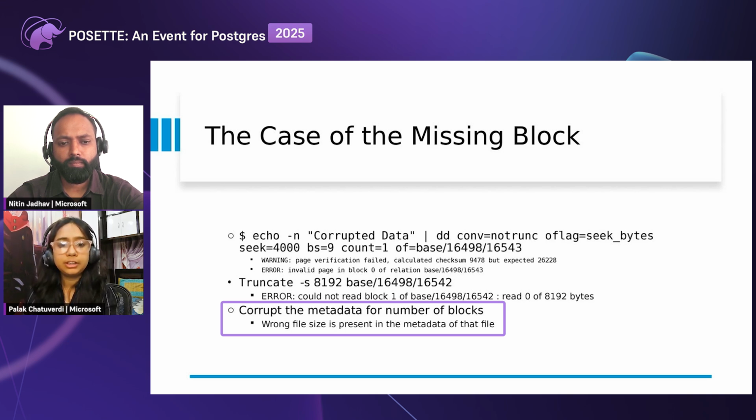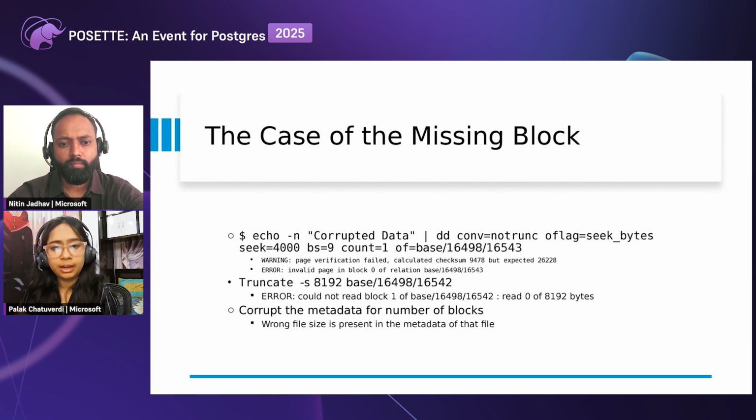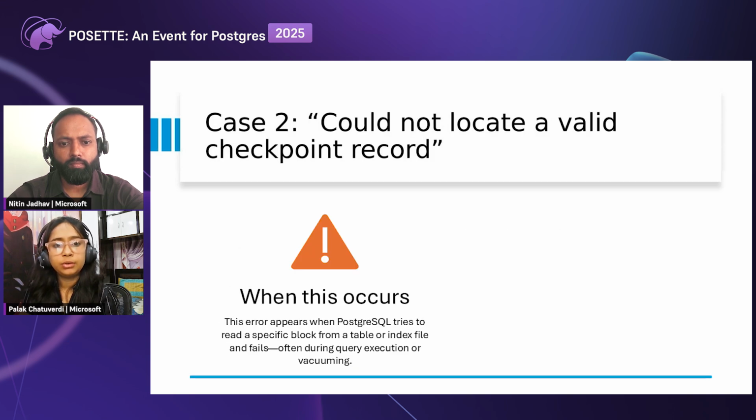What if the PG relation file size is corrupted, or whenever you were going to run it was different, and suddenly the file size has decreased, or the block is not present, or there are partial writes, then also we can see the error as "could not read block". And that we have. Now I'll hand over to Nitin for the second case that we have.